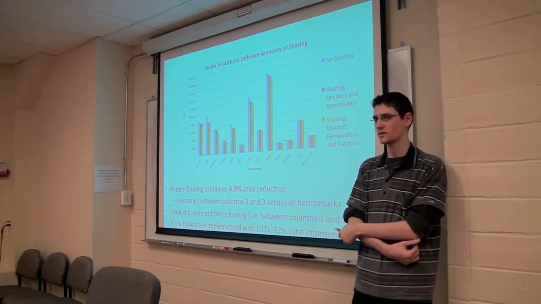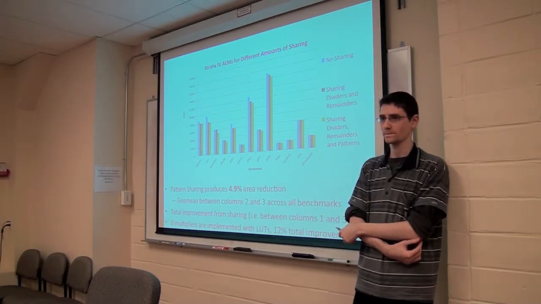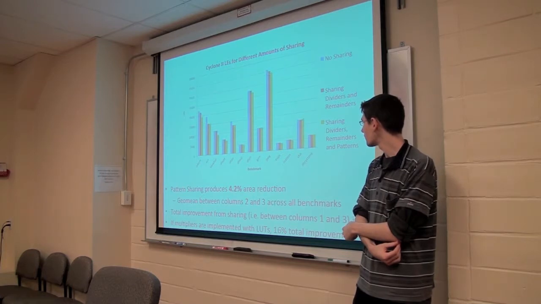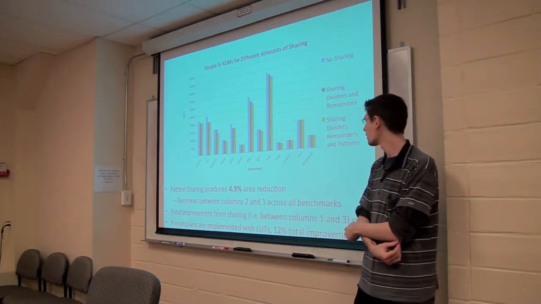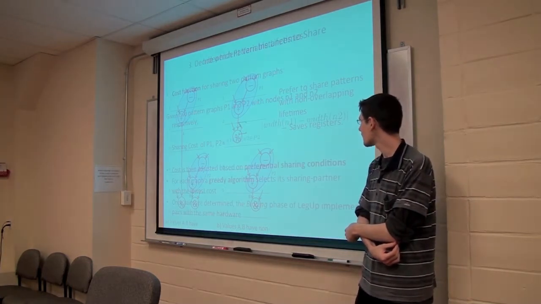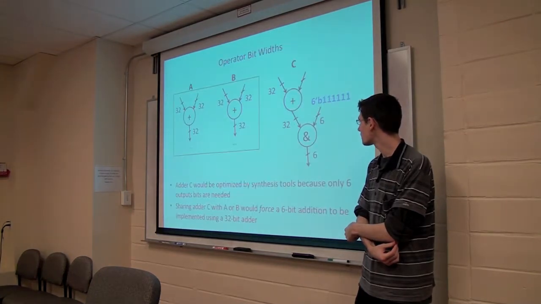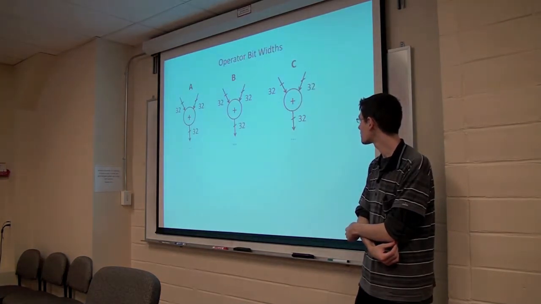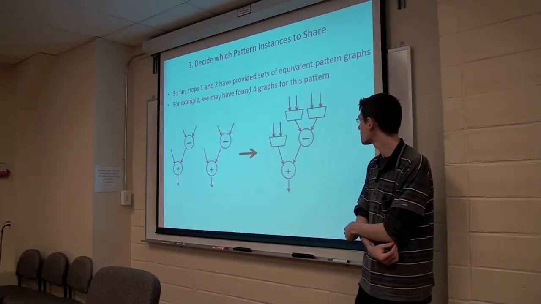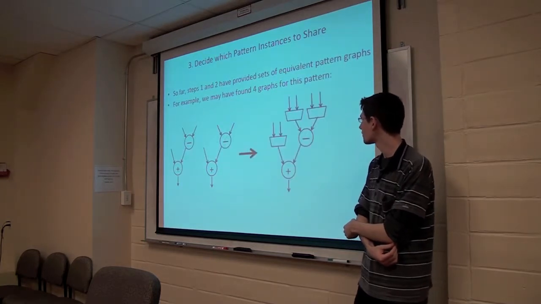I guess along the same lines, do you find that there are patterns that you can share more than twice? Okay, so you mean rather than just pairing them, share them in 3 or 4. Something else I mentioned earlier was that we have to pair them up. You might say, well, why just 2? Why not 3 or 4?